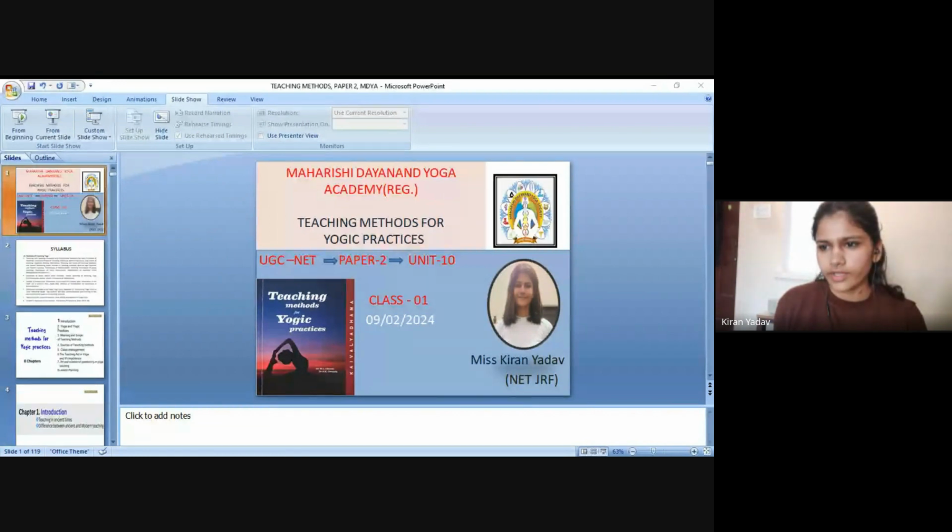Meaning and scope of teaching methods and factors influencing them, sources of teaching methods, role of yoga teachers and teacher training, techniques of individualized teaching, techniques of group teaching, and teaching techniques of mass instruction.